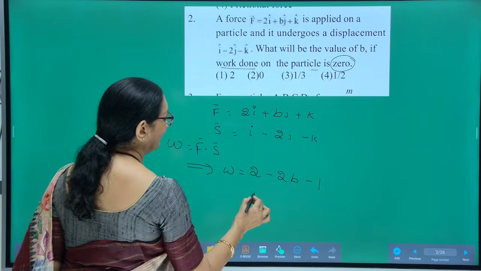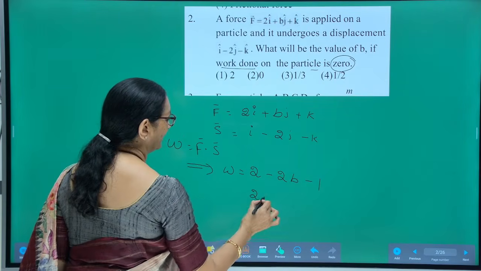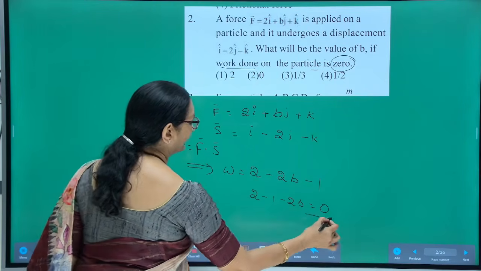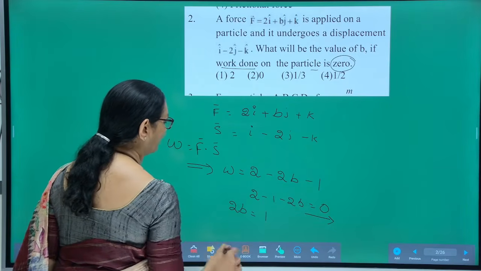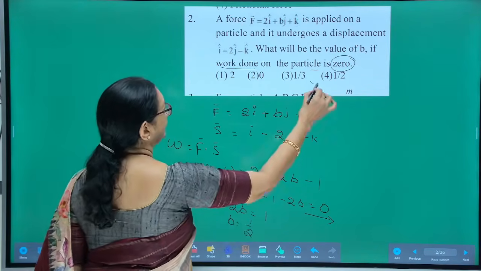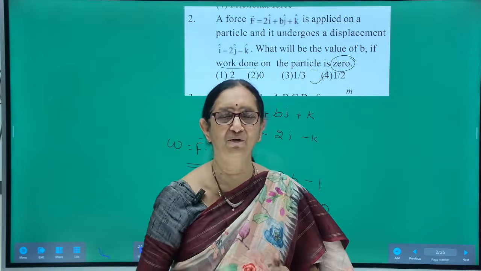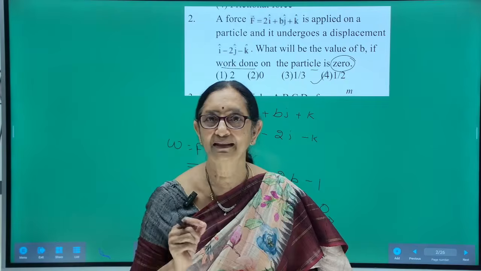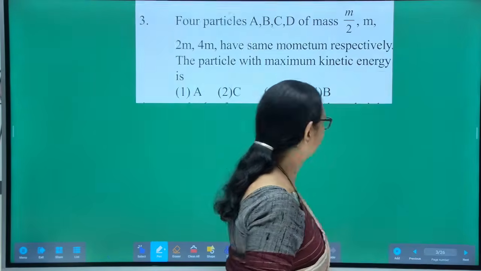As work done is 0, 2 minus 1 minus 2b is equal to 0. If you take this to the other side, 2b is equal to 2 minus 1, 1, b is equal to 1 by 2. This is the correct choice for the problem. So, when force and displacement vectors are given, work done is the dot product of force and displacement.